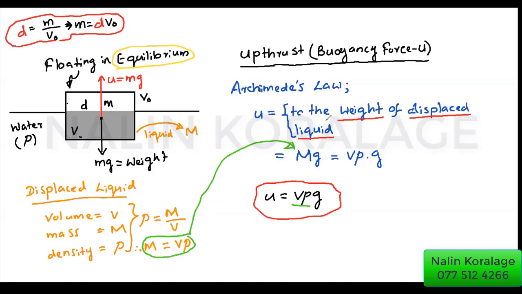Just remember, upthrust is a vertical force which always acts vertically upwards, and its magnitude U is given by the product V into rho into g. What is V? The volume of the displaced liquid, or the water, or whatever that liquid is, into the density of the liquid, into the free-fall acceleration g, which is 9.81 meters per second squared. That's regarding upthrust.